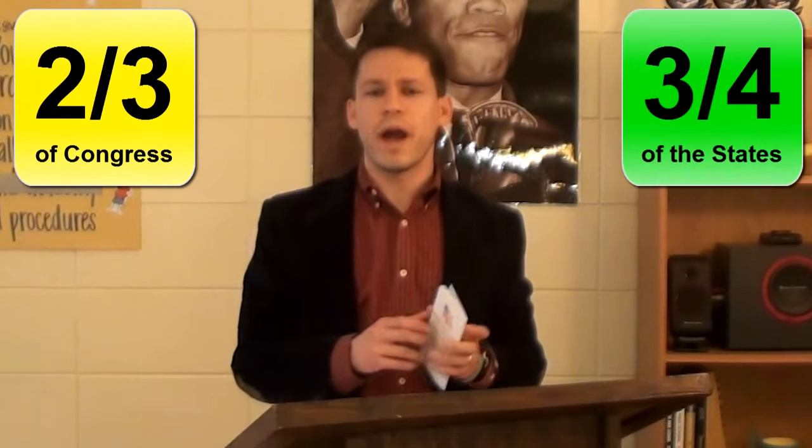And this leads us to the 12th Amendment to the Constitution. Remember, the framers of the Constitution didn't think they were writing something perfect. They said that they were creating a more perfect union, something closer to being perfect than the Articles, but not anywhere near perfect. And so they gave us a mechanism for amending the Constitution. 2/3 of Congress would propose amendments, 3/4 of the states ratify.